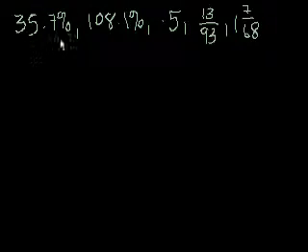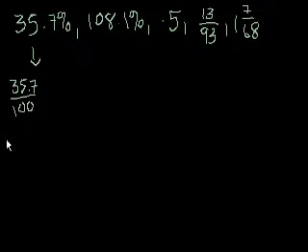So let's start with this 35.7%. Let's turn this into a decimal. The easiest thing to remember is if you have a percent, you just get rid of the percent sign and put it over 100. So 35.7% is the same thing as 35.7 over 100. Like 5%, that's the same thing as 5 over 100, or 50% is the same thing as 50 over 100.